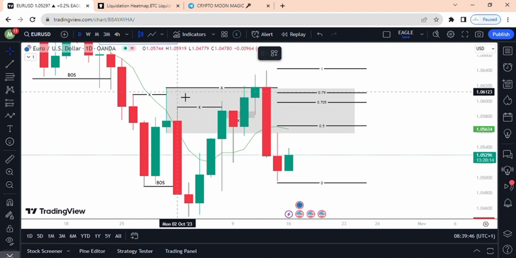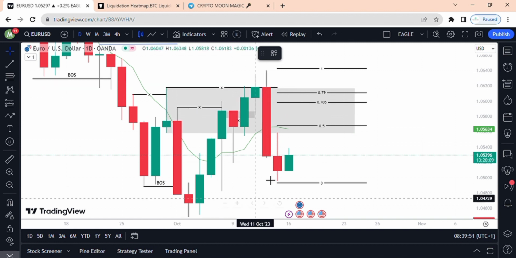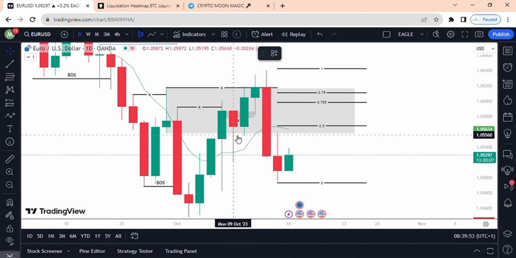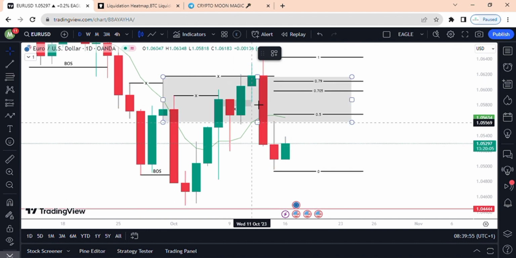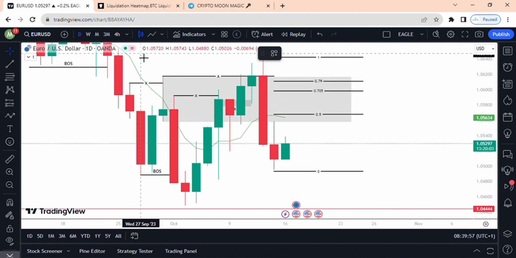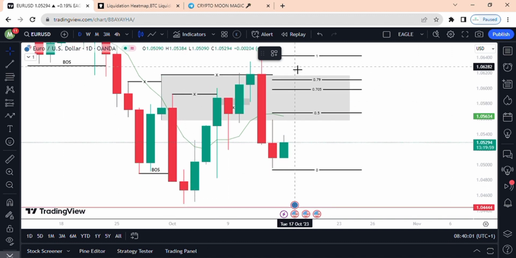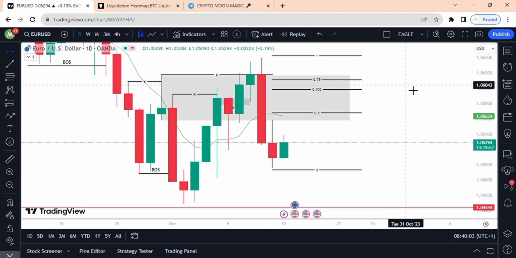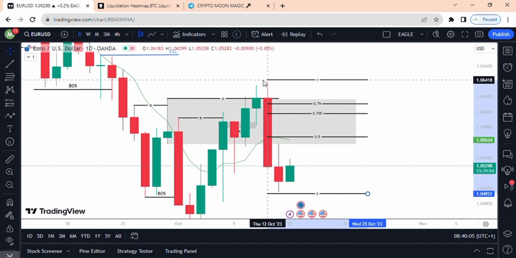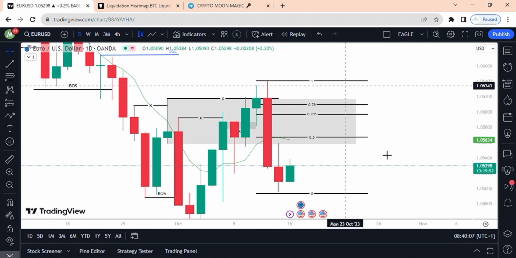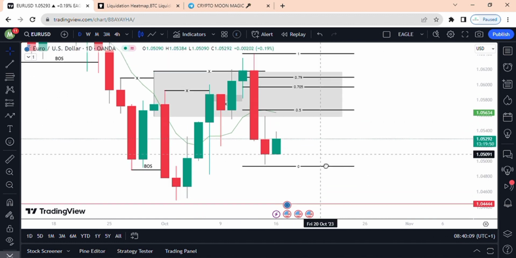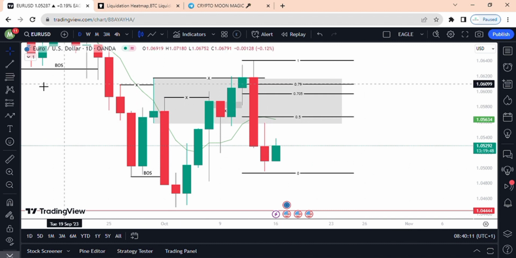Now, I already said it from the DXY. Price just dropped like this, and we can say, okay, these are internal highs. Now we have our high and our low, and also we have that same fair value gap again.